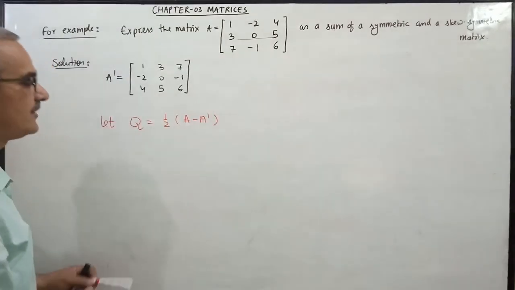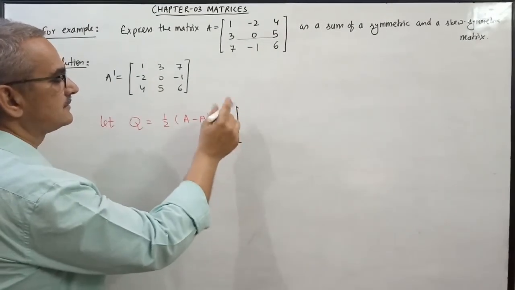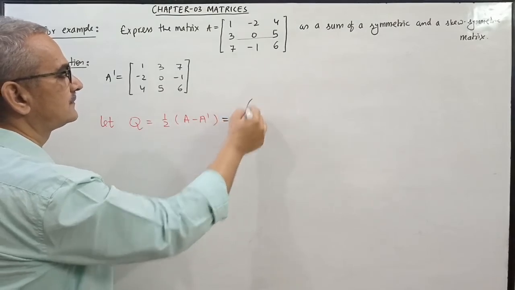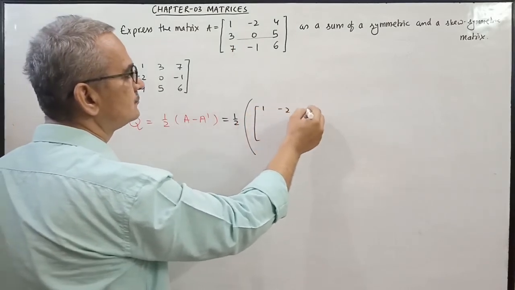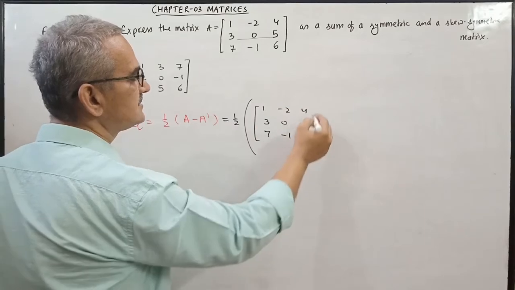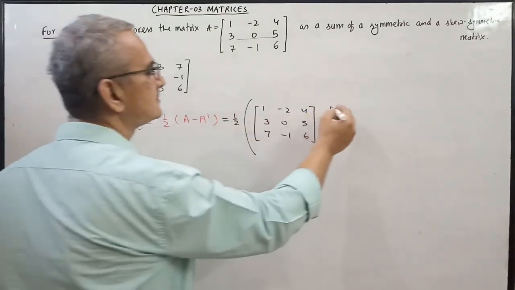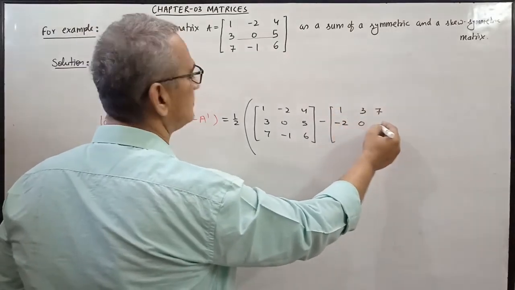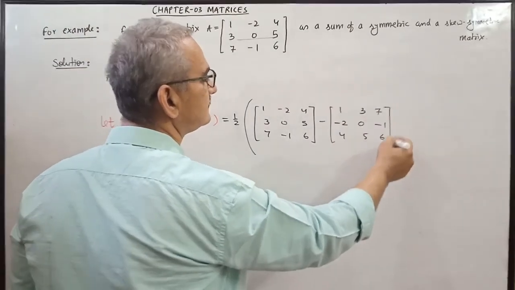Here we can write this as half of the matrix A, which is 1 minus 2 4, 3 0 5, 7 minus 1 6. Then we have the minus sign. Now we have to write A dash: 1 3 7, minus 2 0 minus 1, 4 5 6.